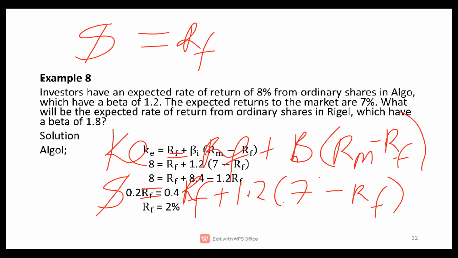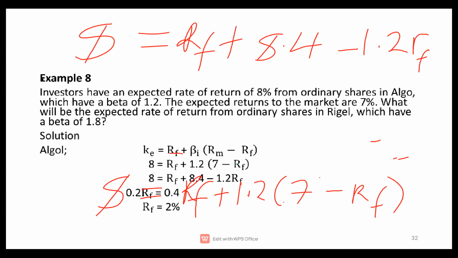On both sides, you FOIL. You have 1.2 times 7, that gives you 8.4, and 1.2 times the negative risk-free rate, that is negative 1.2 risk-free rate. Then from there, you can make the risk-free rate the subject of the formula.